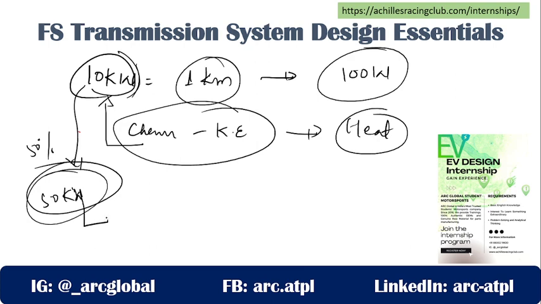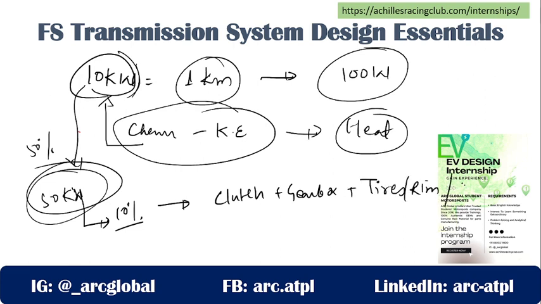There are going to be certain losses, say for example, 10%. Over that, you will have the complete mechanism: the clutch, the gearbox, and your tires, rims, along the complete assembly. 10%, 10%, 10%. See, at the end, how much will you have?